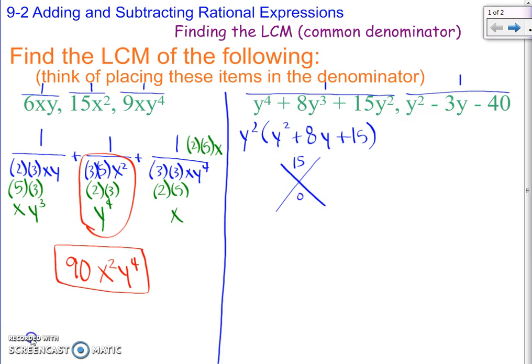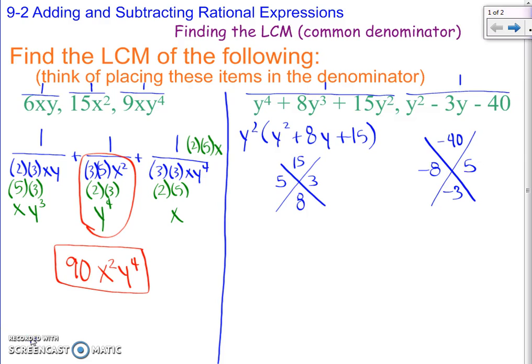So we got 15 and 8. What multiplies to 15 and adds to 8? Okay, over here, what multiplies to negative 40 but adds to negative 3? Negative 8 and 5.